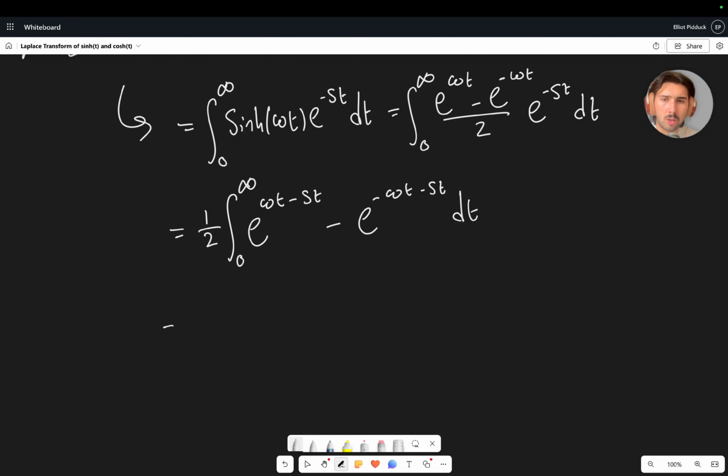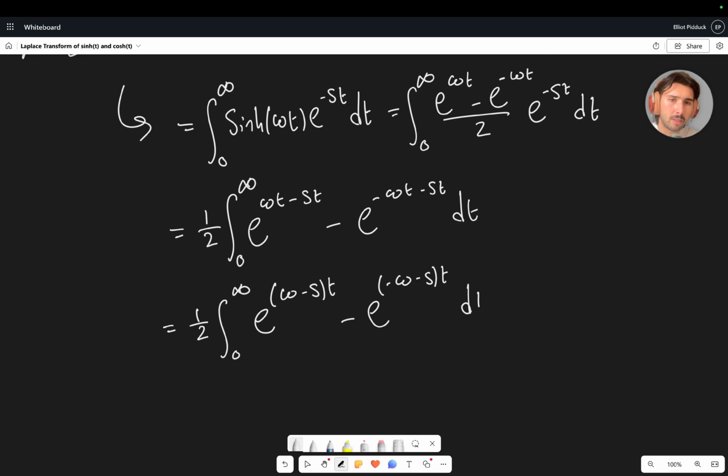And of course, with a tiny bit more simplifying, we're going to end up with something really nice. So here, let's factor a t out because that's what we're integrating with respect to. So let's go e to the, and then we're going to have omega minus s, t, minus e to the minus omega minus s, t, dt.